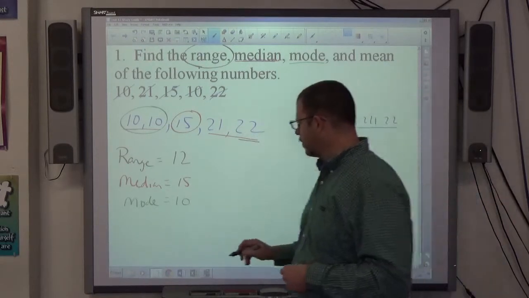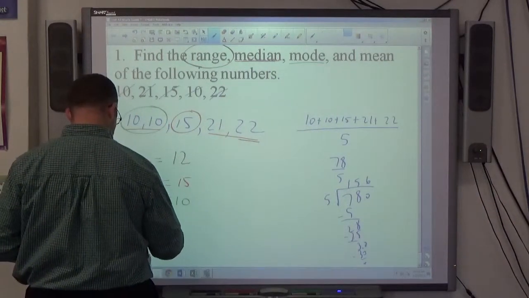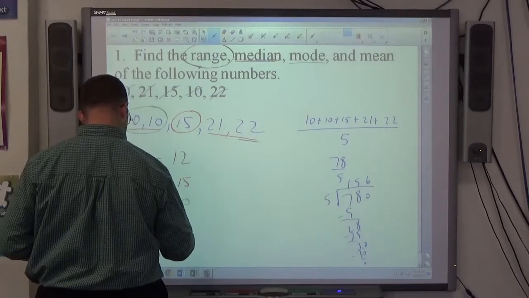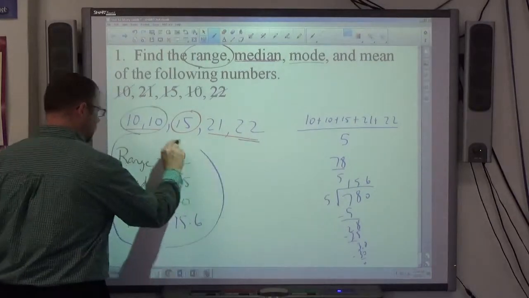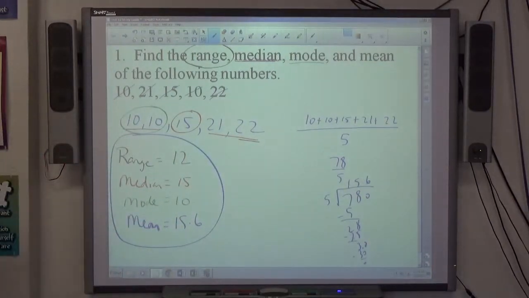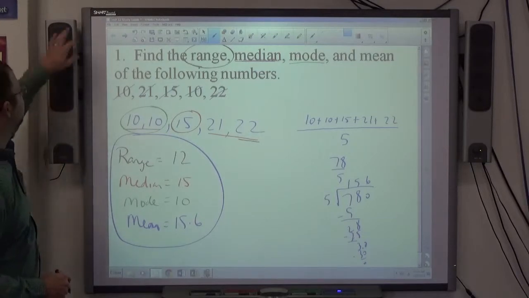So 15.6 is the mean. And you'll notice the box has all these things identified, so make sure you put things where they belong. Range, median, mode, and mean, all identified.